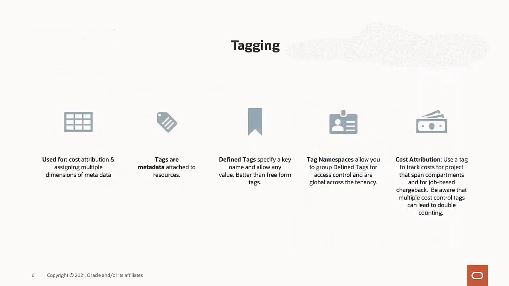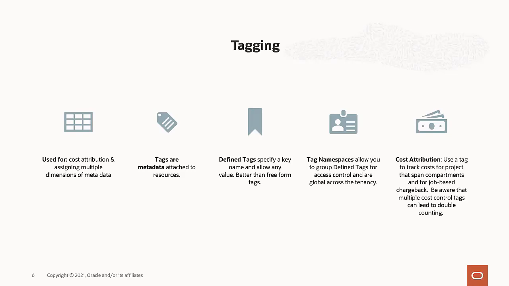Yep. And then to add on to that, we also have tagging. Tagging is used to add contextual information to your resource. Essentially, it's metadata that you would attach to your resources, and it's used for cost attribution and just assigning extra metadata to your resources so you and your organization can better track them. We have our freeform tags, and then we have our defined tags. With freeform tags, your users can go to any resource and enter any tag that they want.